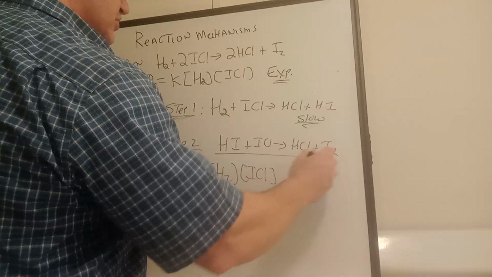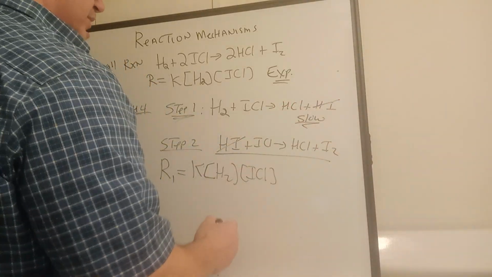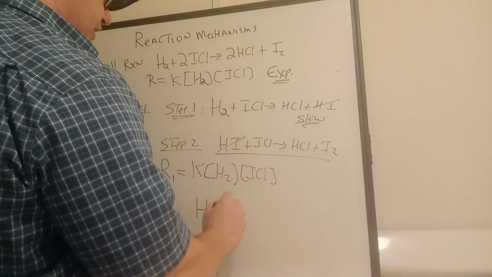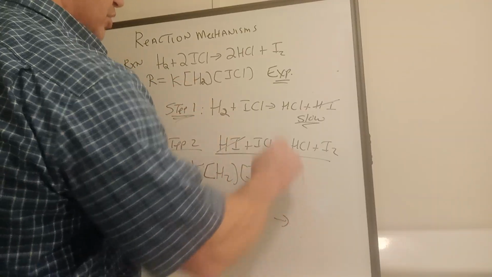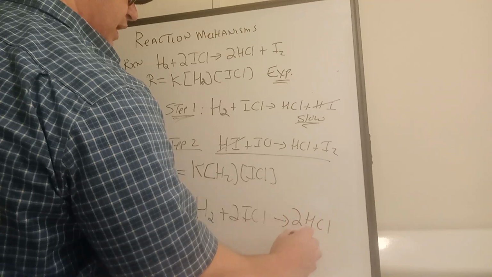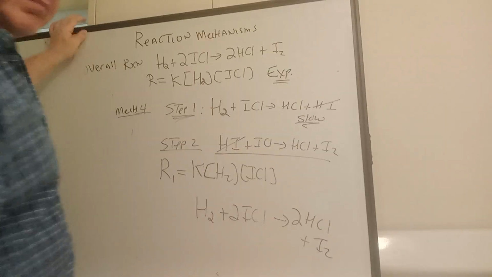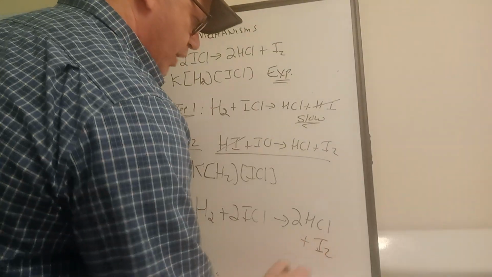Let's add these reactions together. The HIs cancel. So we're left with H2 plus 2 ICls goes to 2 HCls, and then we've got I2. So that looks good as well.